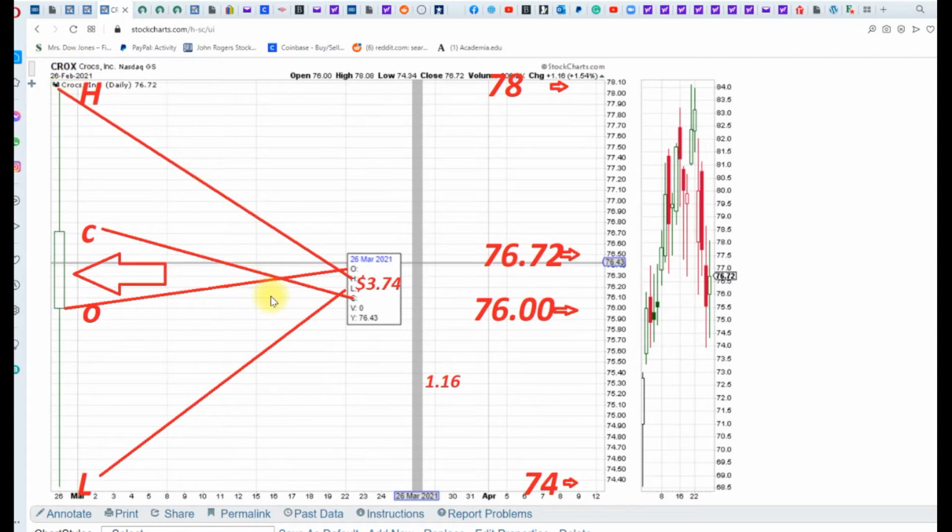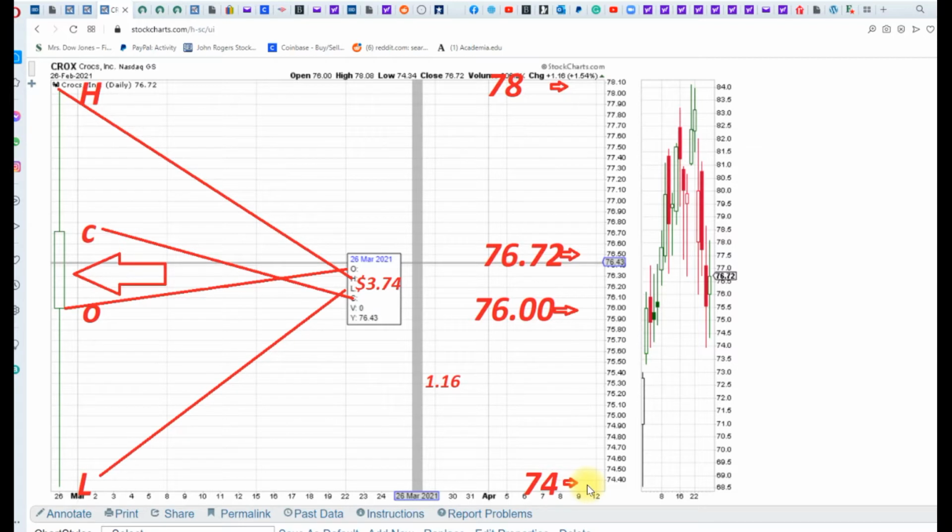So on the total movement, we got over here that the high and the low is $3.78, but it's more than that, you know. At this point the stock was at $78, and at this point over here it was 74, right?